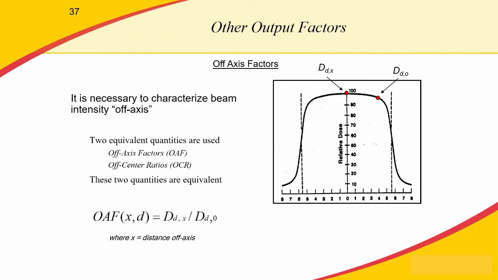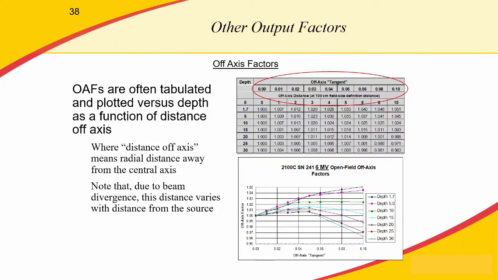And so what we see is this off-axis factor is a function of x, distance off-axis, and depth within your patient or phantom. So it's just the dose at a given depth at a certain distance off-axis ratio to the dose at that depth on-axis. These off-axis factors are tabulated as a function of both depth in the patient or phantom and distance off-axis.